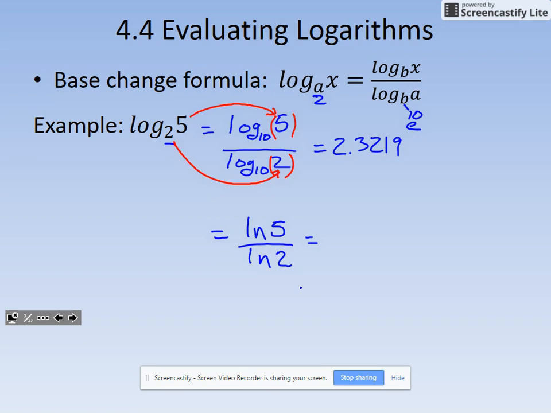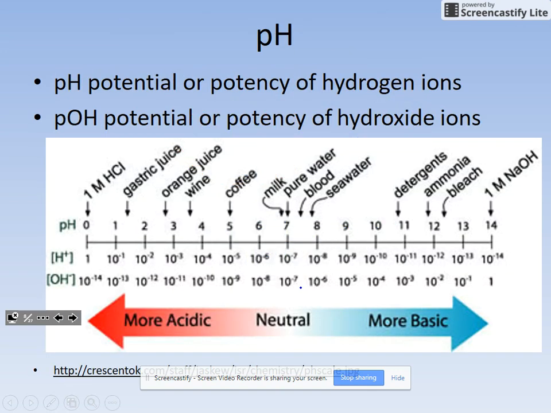Even though these two numbers will be different, the end result is going to be 2.3219. So you'll find the base change formula to be pretty handy. Let's talk about some applications.